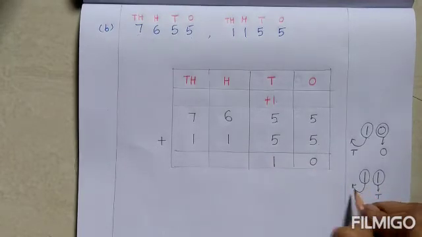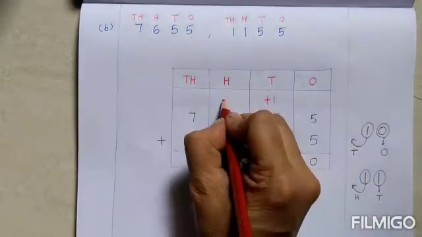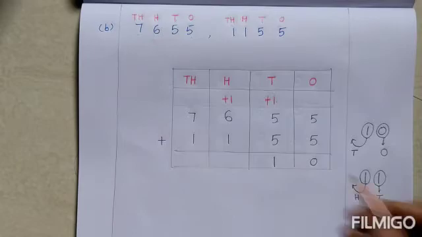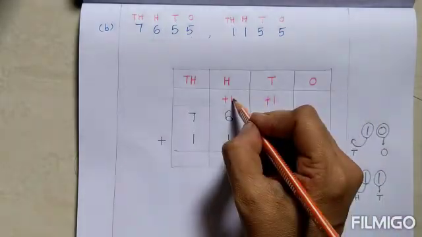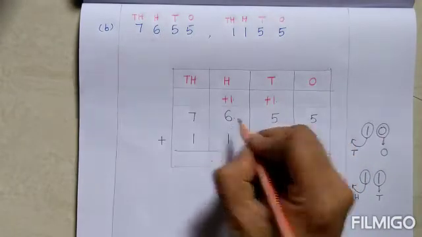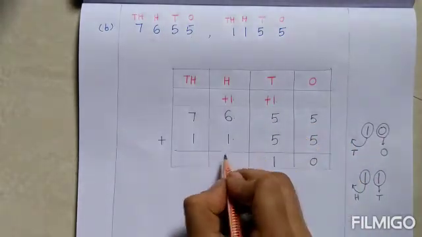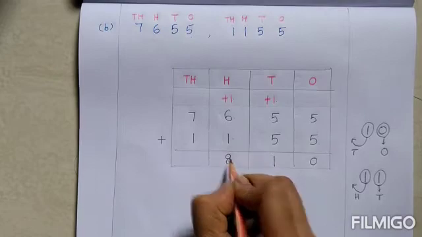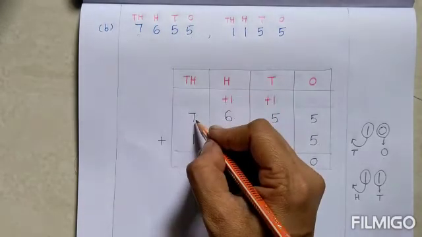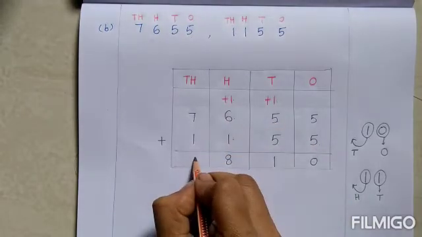Now this carry forward, yes, with red pencil as plus 1 in hundreds column. Now add these digits together, children. 1 plus 6 is 7, 7 plus 1 is 8. Now in thousands column, add 7 plus 1 is 8.